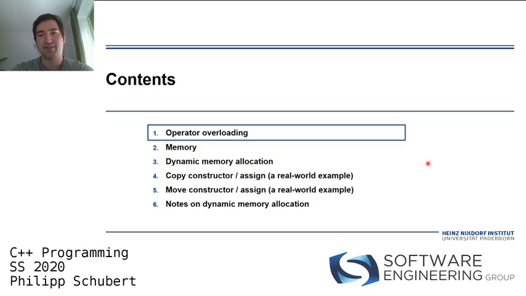Then we have to discuss two very important special member functions, namely the copy constructor and the copy assignment operator. And also the move constructor and move assignment operator. Those will be of importance when you're dealing with dynamic memory allocation yourself. Then you cannot just stick to the default, you really have to find a good implementation yourself.